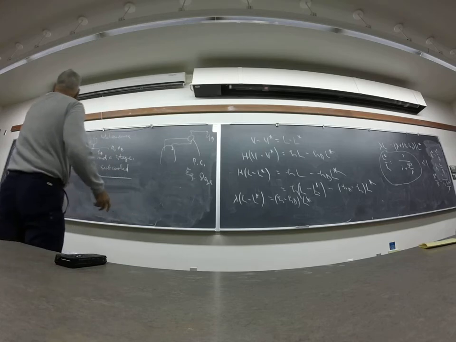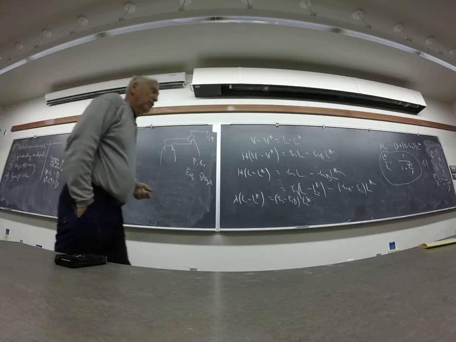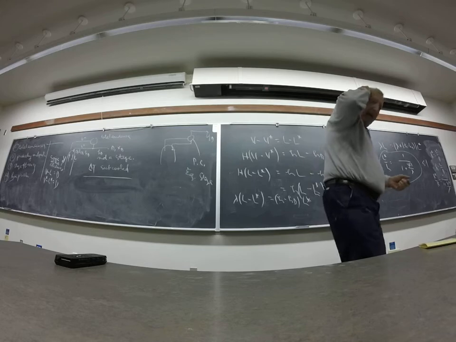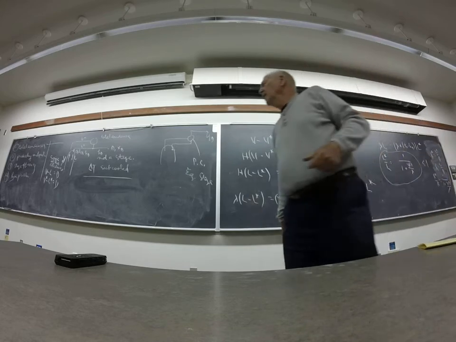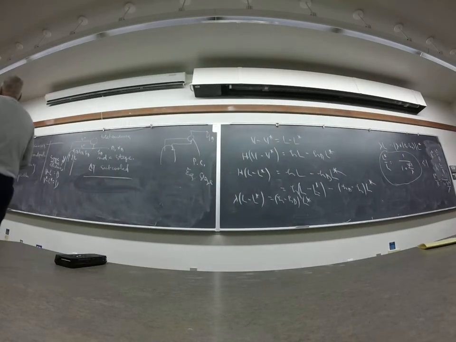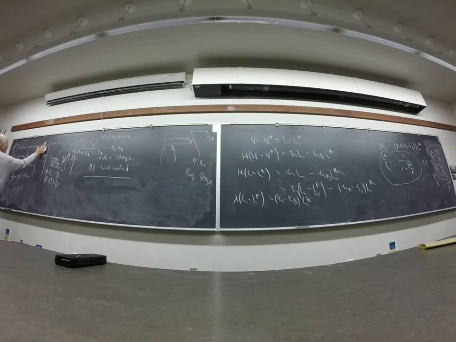Let's move on to predicting what the outputs are. So here's the deal. I have a column, and I know the feed. So here's what I know. I take a look at this column. It's sitting there before my very eyes.